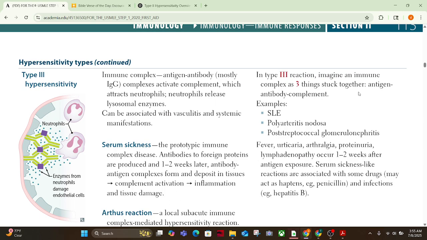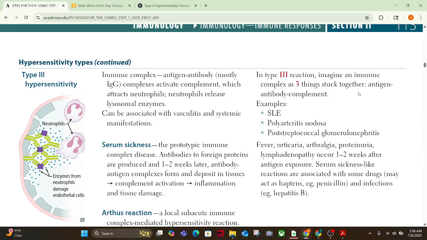Now, proteinuria is when these antigen antibody complexes also deposit in the kidneys, causing proteinuria, and then these immune complexes also deposit in your joints, causing arthralgia.